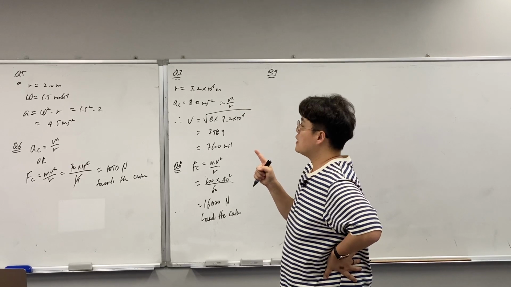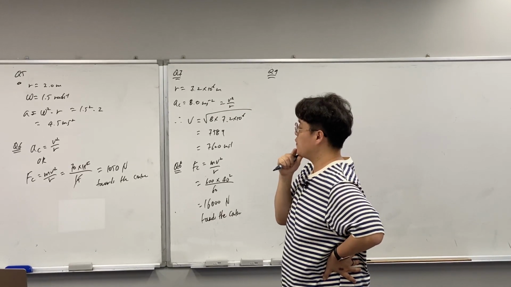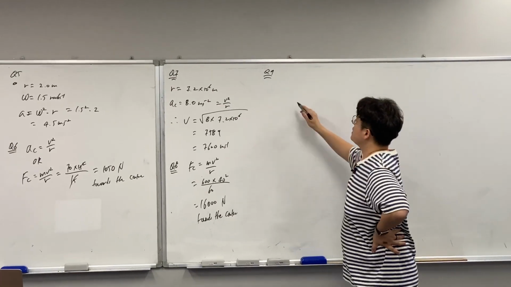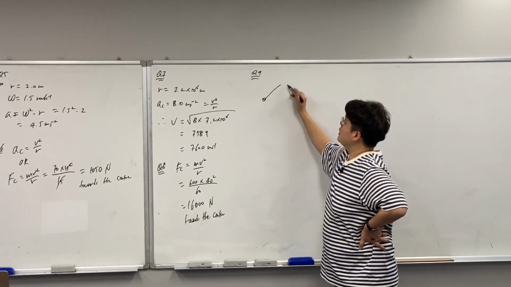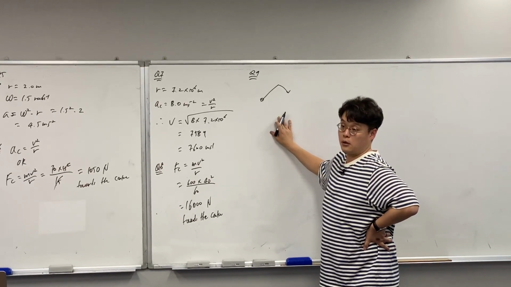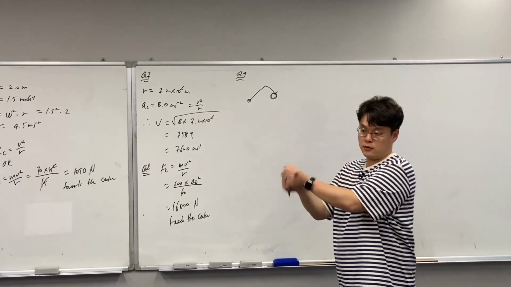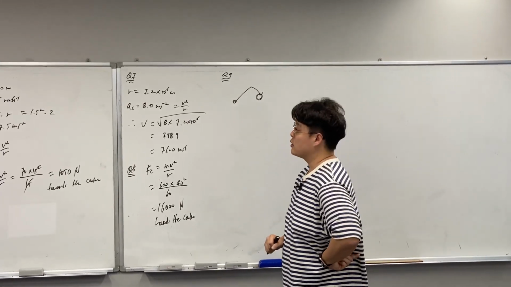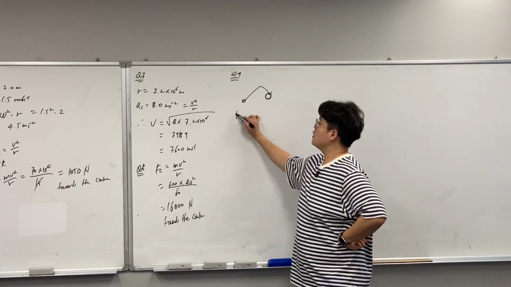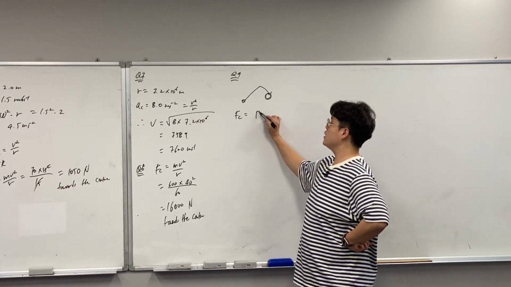The breaking strain is 40 newtons, fixed to a steel ball of mass 0.5 kilograms. So you can think about here, there's a line fixed, and we try to make it exert some centripetal force in this direction. We kind of whirl this so that we can get the fish out of the water. In this case, the centripetal force exerted on the ball is the same as the tension force.